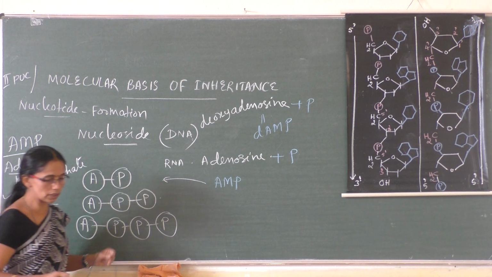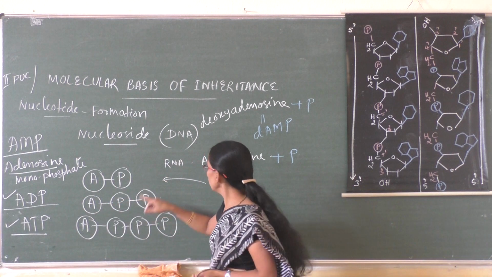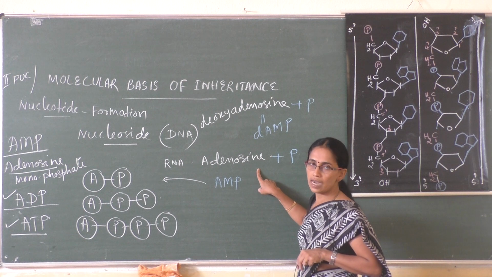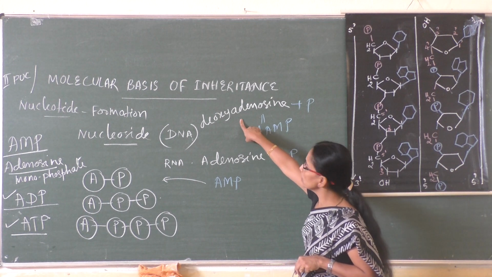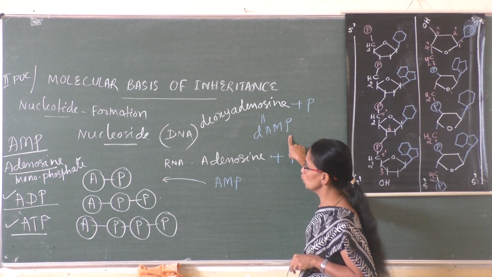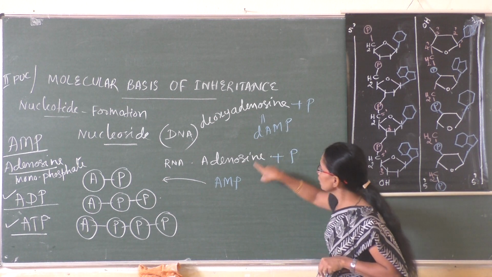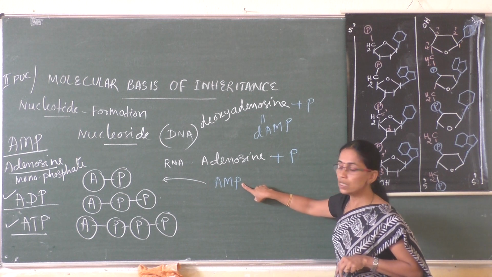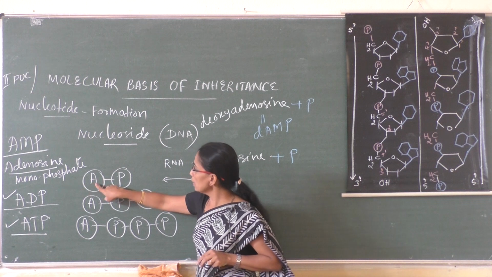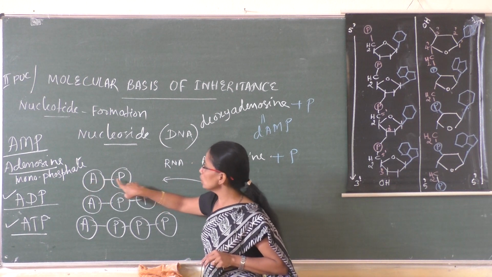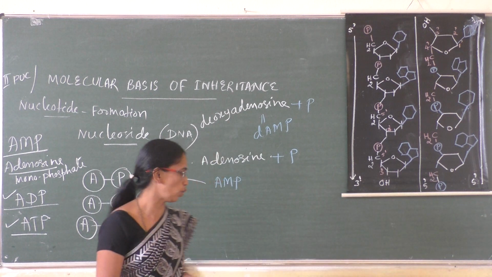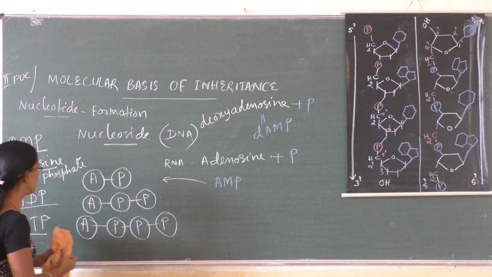Adenosine is a nucleoside of RNA. The nucleoside of DNA is deoxyadenosine, and in deoxyadenosine monophosphate as well as adenosine monophosphate, how many phosphates? Only one. Adenosine is represented as A, then adenosine monophosphate, adenosine diphosphate, adenosine triphosphate.